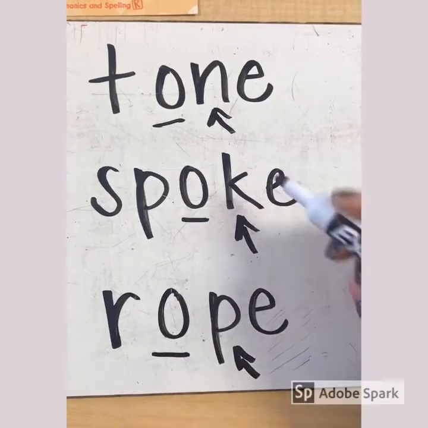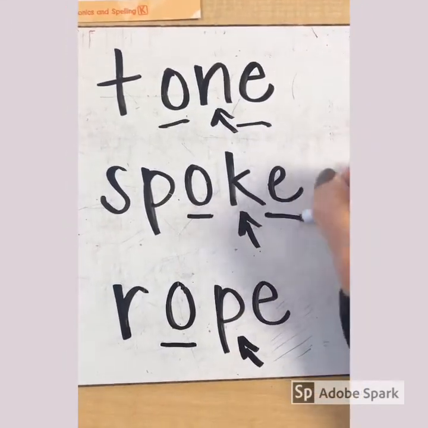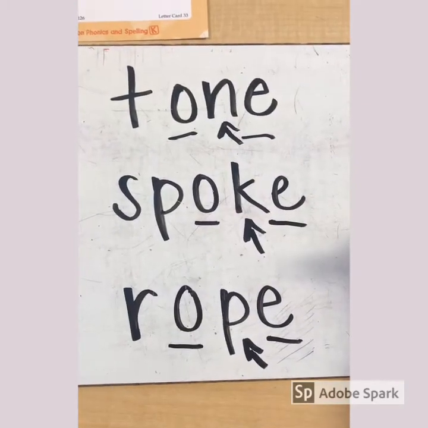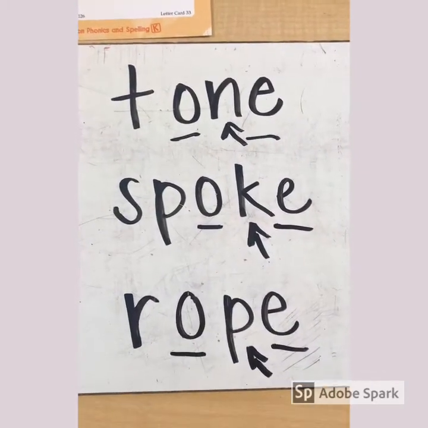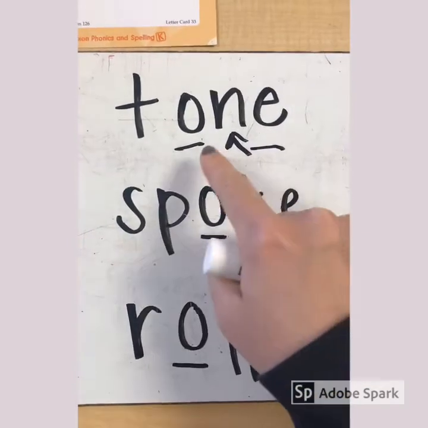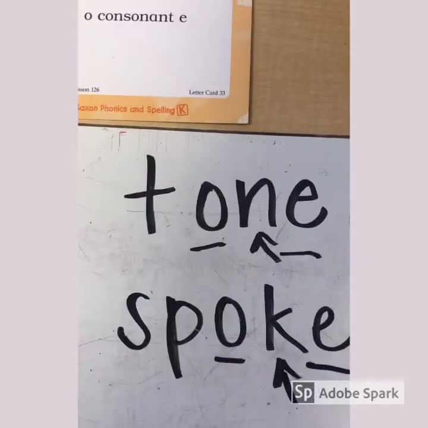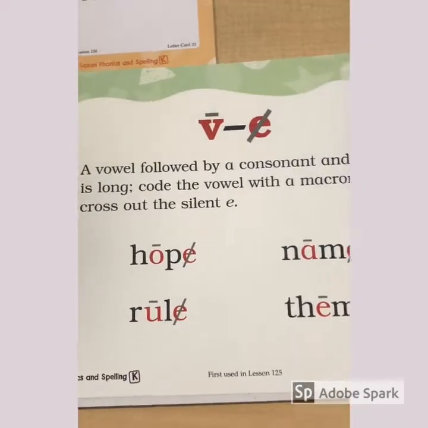And then after the consonant, they all have an E, right? So do you remember last week when we learned about A consonant E? This week we're learning about O consonant E. And remember, a vowel that's followed by a consonant.